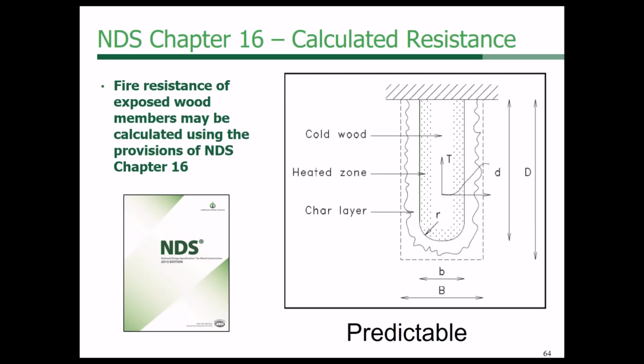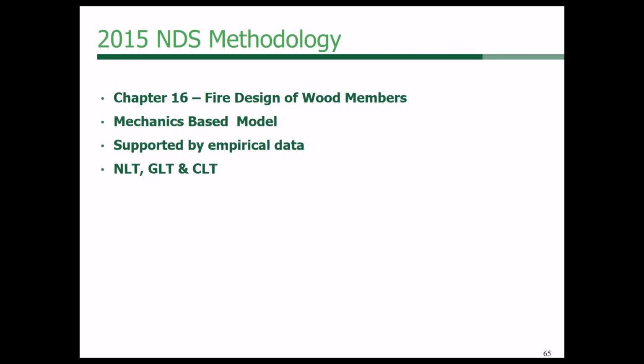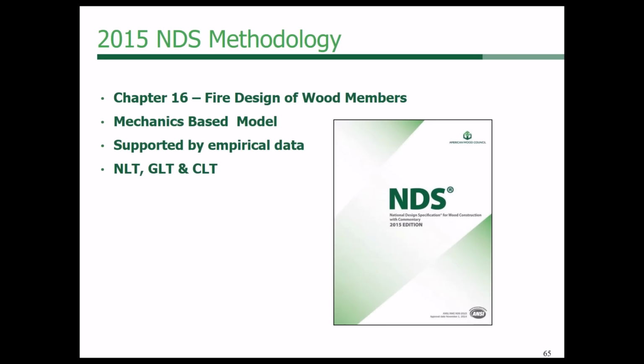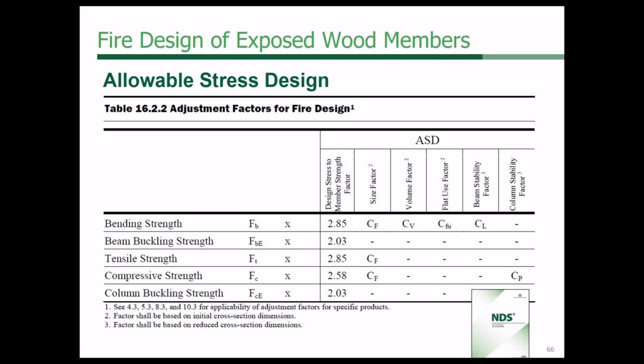You can calculate the actual thickness of that char, which makes it predictable. We can predict how long it will take to char through the thickness, allowing a certain amount of fire resistance. Again, this is adopted within the National Design Specification under Chapter 16.